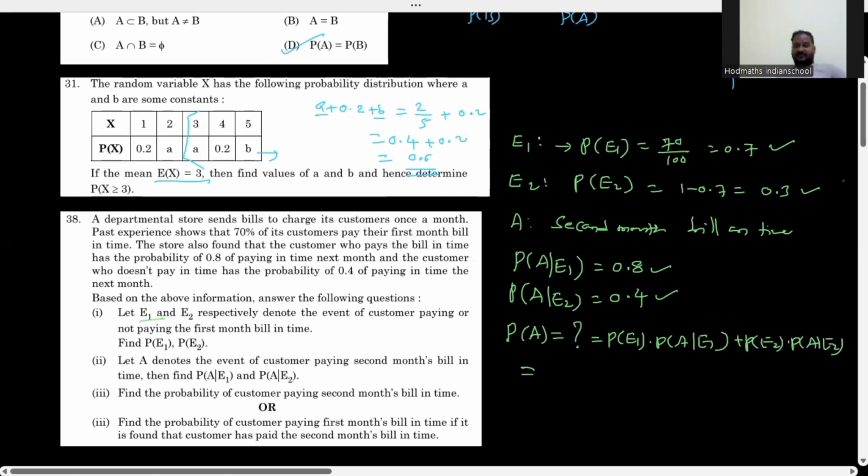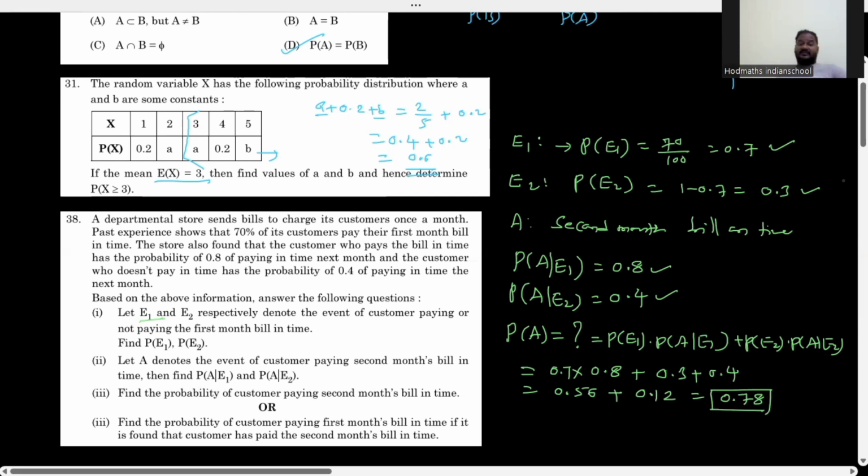This is the total probability, which is equal to P of E1, 0.7, into the probability of A given E1, 0.8, plus P of E2, 0.3, into P of A given E2, 0.4. When you simplify, 7 8s are 56, so 0.56. 3 4s are 12, so 0.12. Which is going to be how much? 0.56 plus 0.12 is 0.78, right? So this is the answer for the third problem.